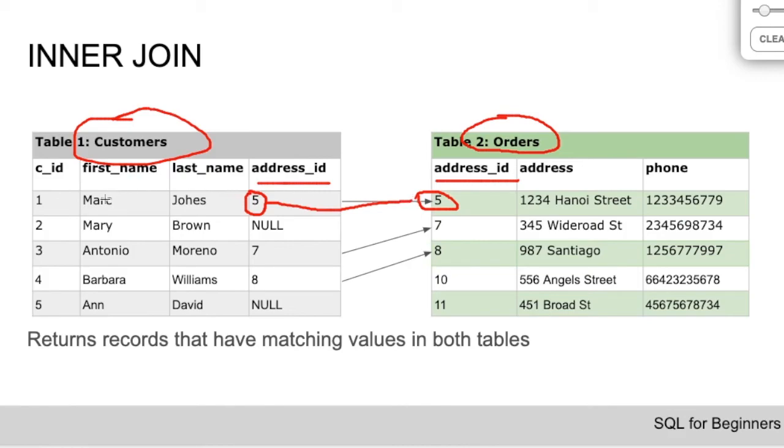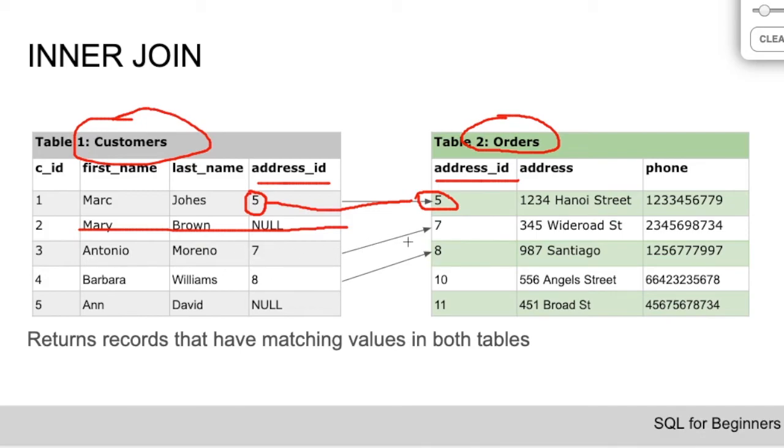Now I'm going to the next row, which is Mary Brown, and the address ID is null. Since it's null and doesn't match any values in the second table, it's not going to return it. So I'm going to cross it out. I'm going to the third one, which is Antonia Moreno, and the address ID is 7.